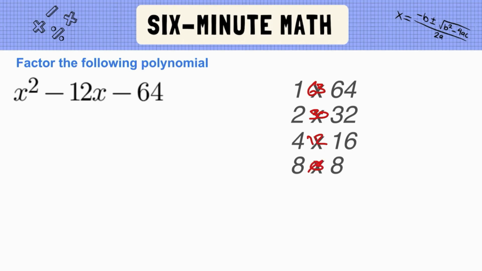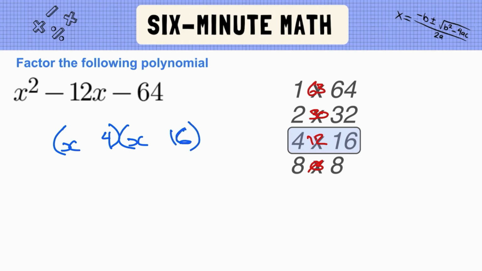This tells us we're going to be using 4 and 16 as our numbers in our binomial factors. And we need to decide which one's positive, which one's negative. Well, I look at that b value being negative, and that's going to tell me my higher number is the negative and my lower is the positive.